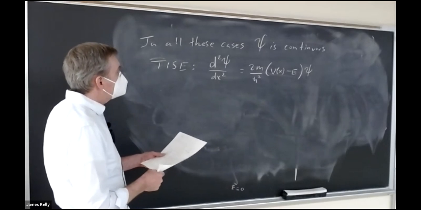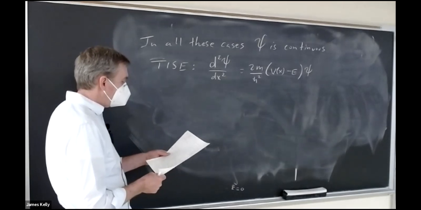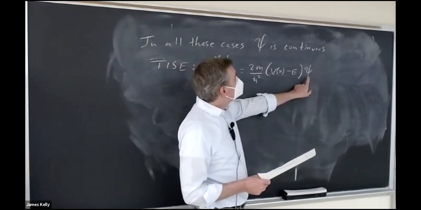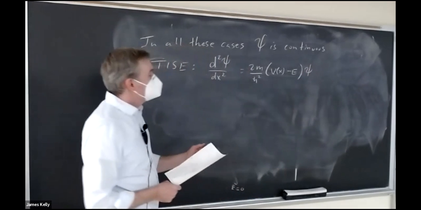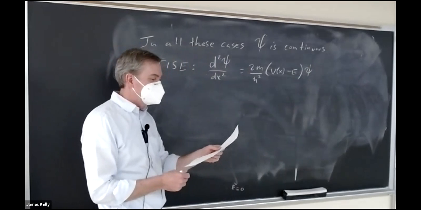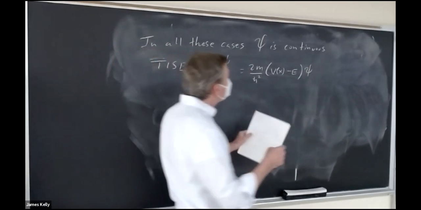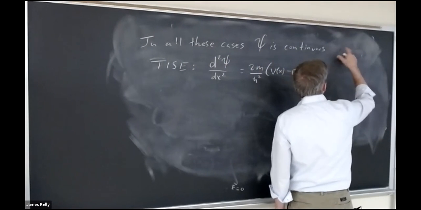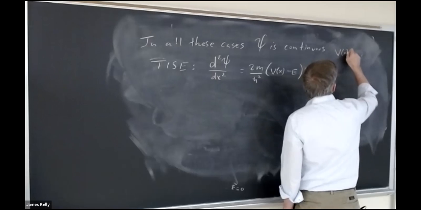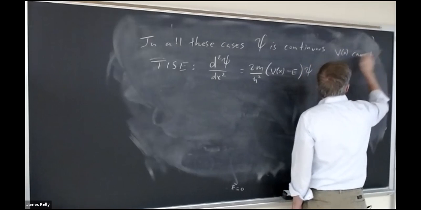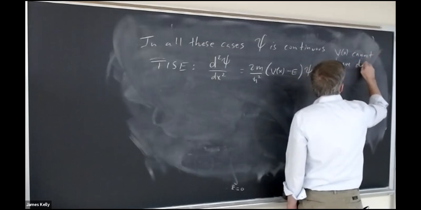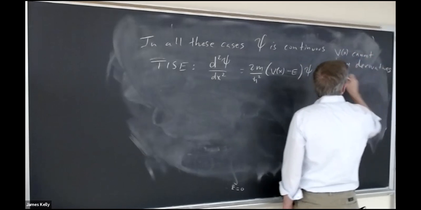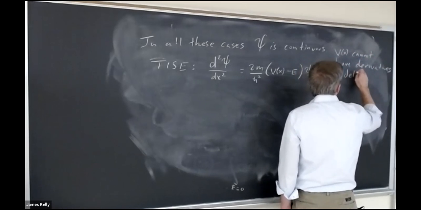Okay, so in this case, let's suppose that, well, I guess one thing I should have mentioned, I should have said this before, but not in our list: V of x cannot have derivatives of delta functions.